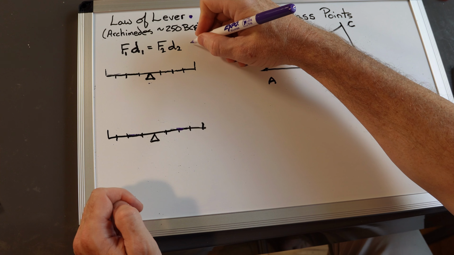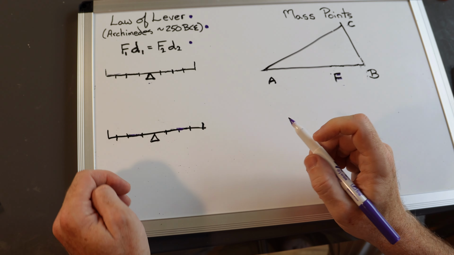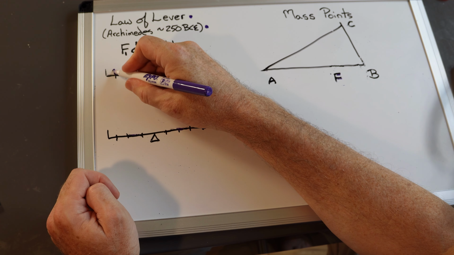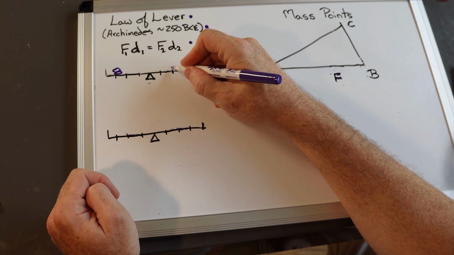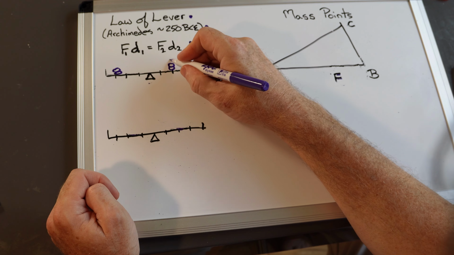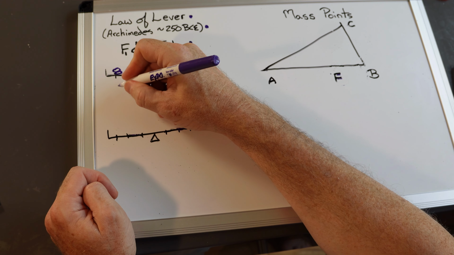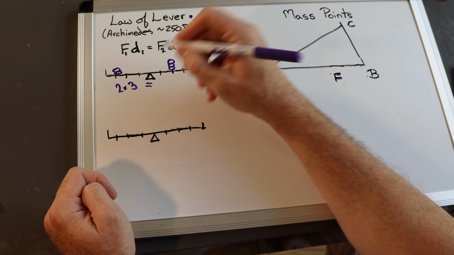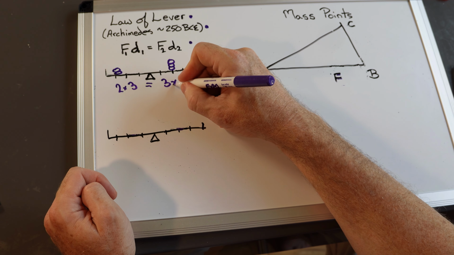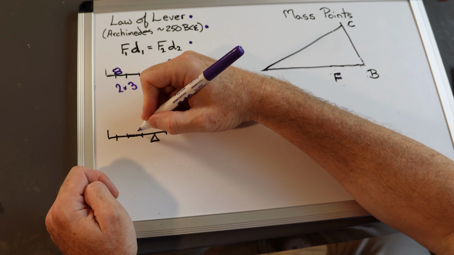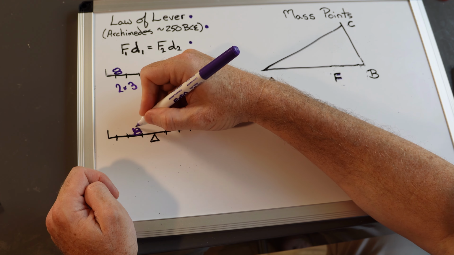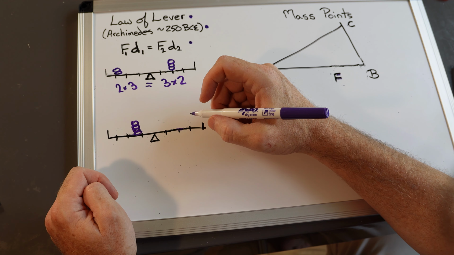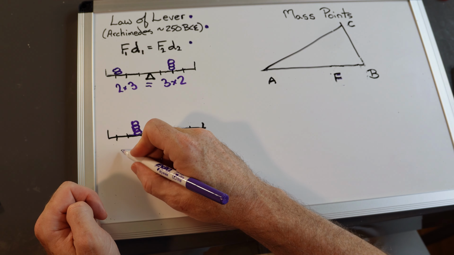For example, a weight of 2 coins placed 3 units away will balance a weight of 3 coins placed 2 units away. Or if I double the left stack to 4 coins, with twice the weight, I can halve the distance to 1.5 units.